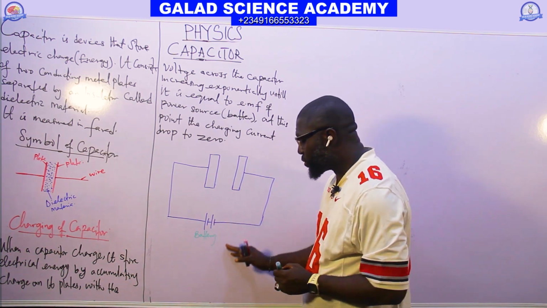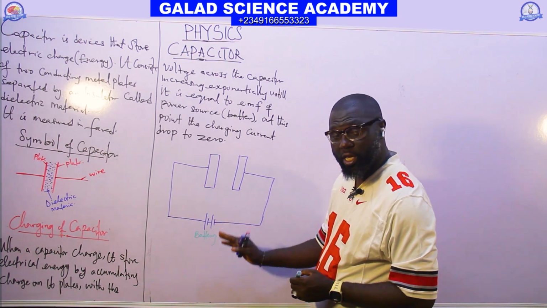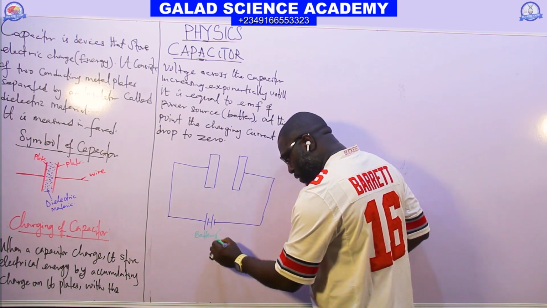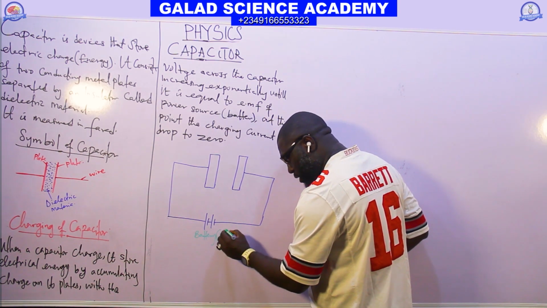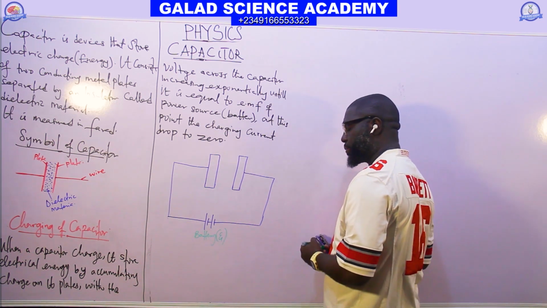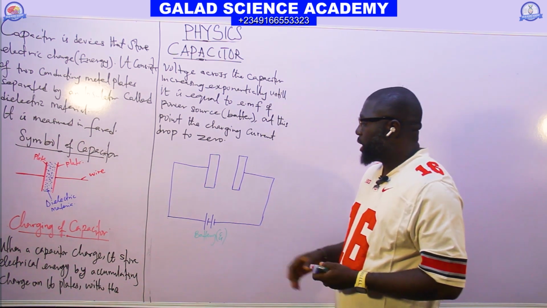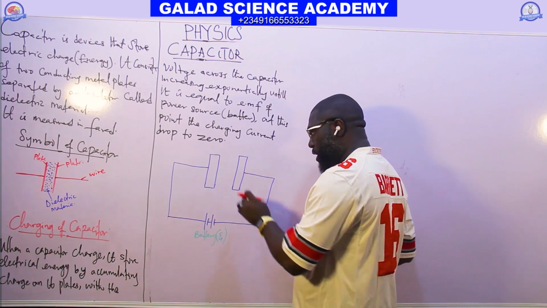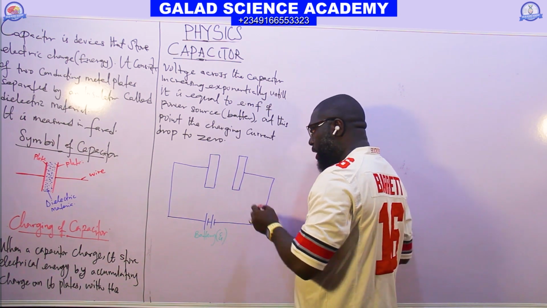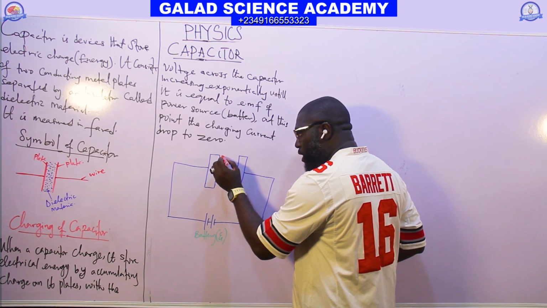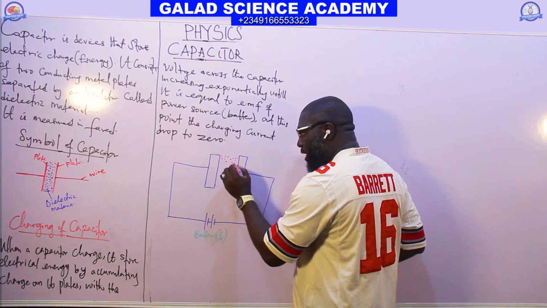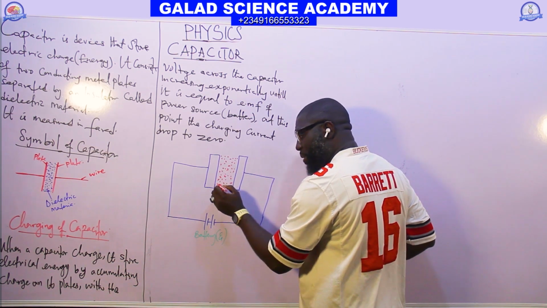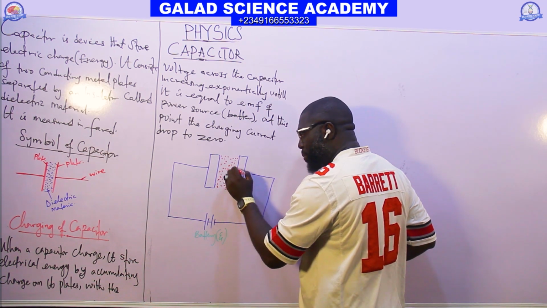The potential difference in the battery we call the EMF, the electromotive force. And don't forget, this is the plate, and between these two plates we have a dielectric material between them.